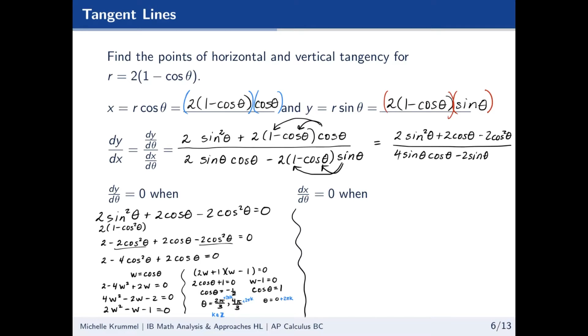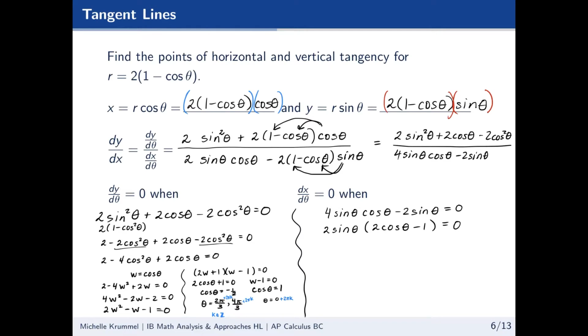All right, and let's see where dx d theta equals 0. So dx d theta equals 0 when 4 sine theta cosine theta minus 2 sine theta equals 0. I can factor out 2 sine theta, leaving behind 2 cosine theta minus 1.